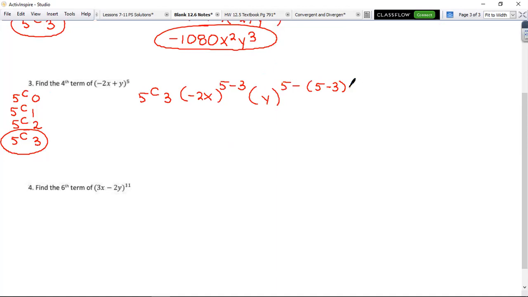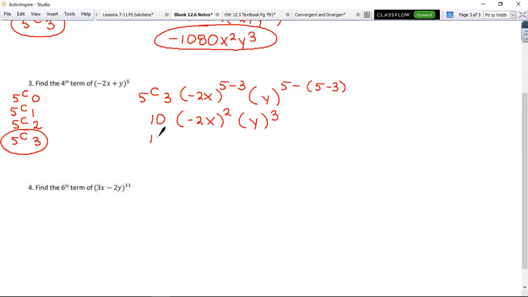And then you're going to just, again, use your calculator for the combinations. So 5, choose 3 is 10 again. The next term would be negative 2x raised to the 2nd power, and then y raised to the 3rd power. Okay. So now I need to distribute my squared.